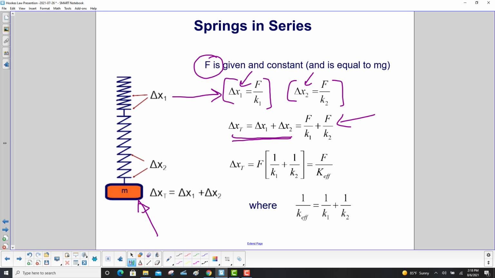So then you can cross that F out, and we have 1 over k effective is equal to 1 over k1 plus 1 over k2. Now that's just like resistors in parallel. So springs in series are like resistors in parallel, and springs in parallel are like resistors in series.